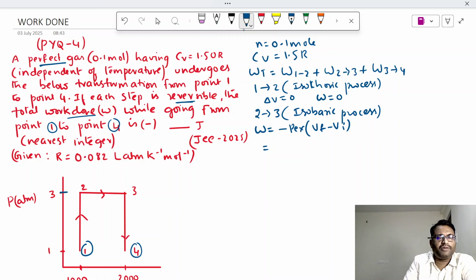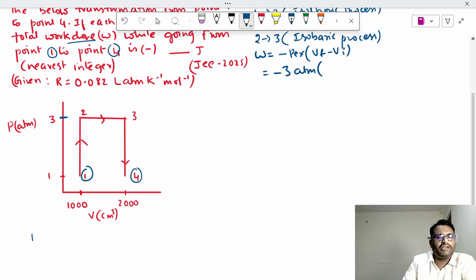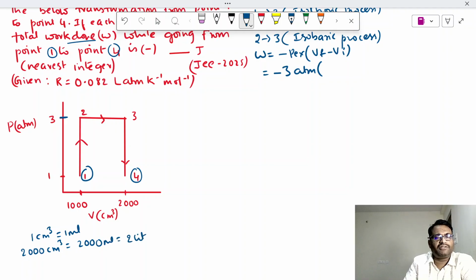At an external pressure of 3 atmospheres, V final is given as 2000 centimeter cube. 1 centimeter cube is equal to 1 ml, so 2000 centimeter cube is equal to 2000 ml, which is 2 liters.